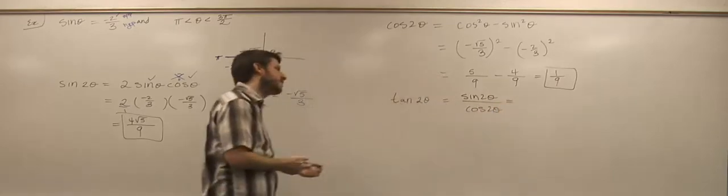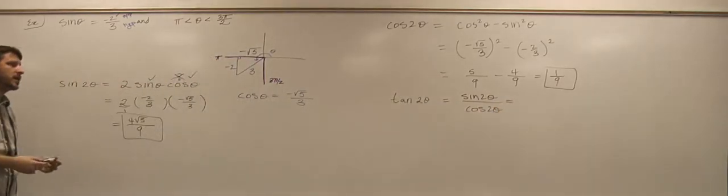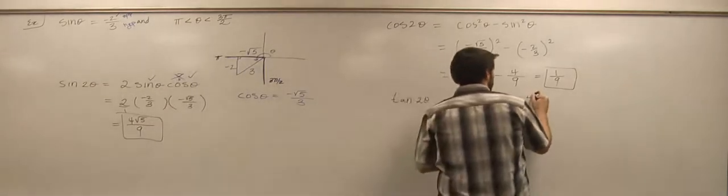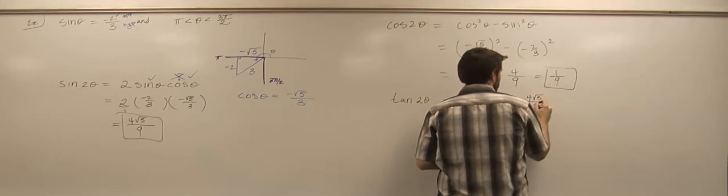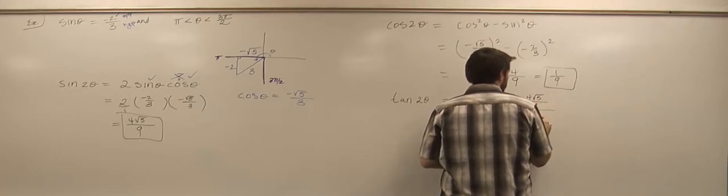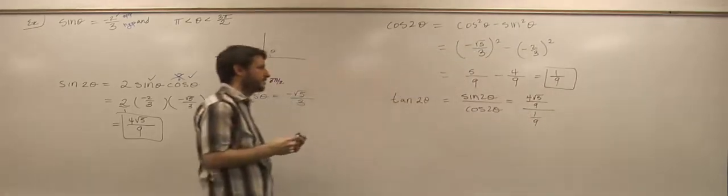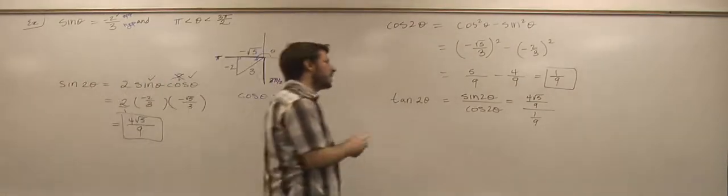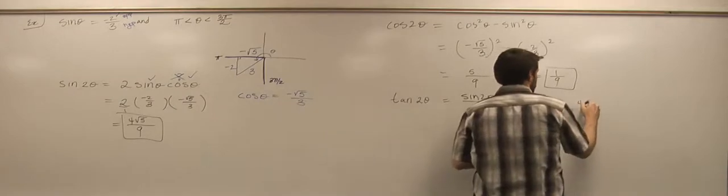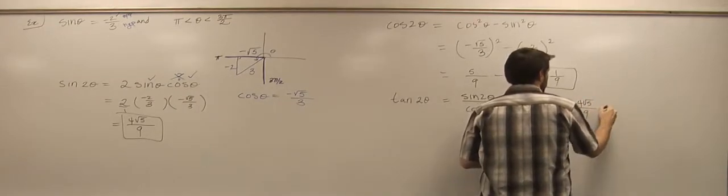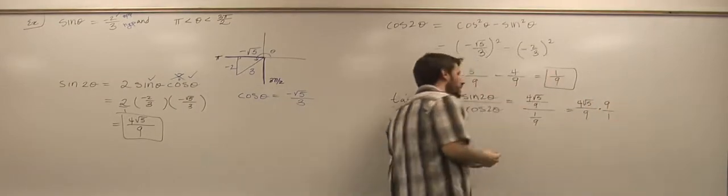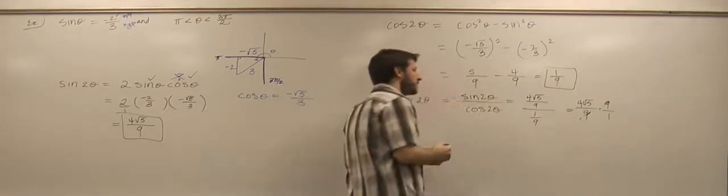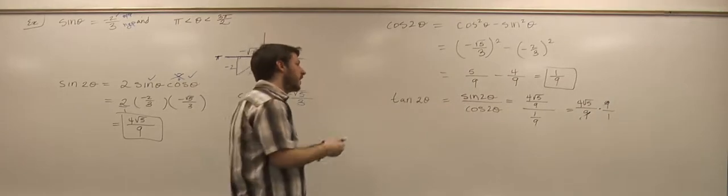Right, because tangent is forever and always sine over cosine. So 4 root 5 over 9 from part A divided by 1/9 from part B. So when you flip it up, 4 root 5 over 9 times 9 over 1. Tangent of 2 theta is 4 root 5.